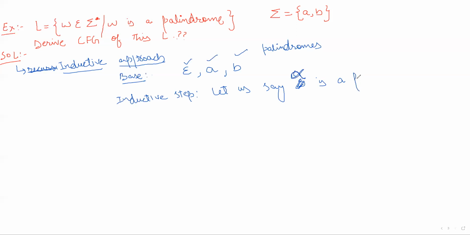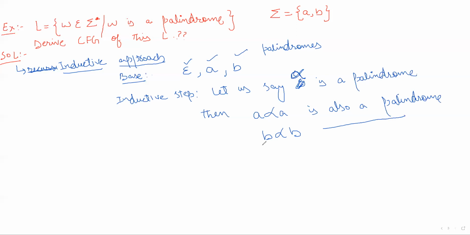Alpha is a palindrome. Okay. So that means if alpha is a palindrome, then A alpha A is also a palindrome, and B alpha B is also a palindrome.